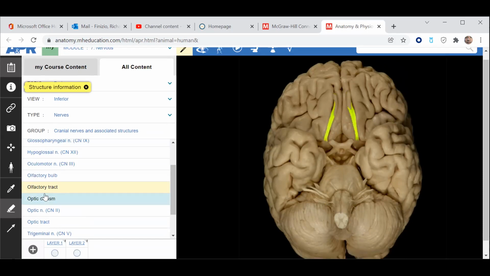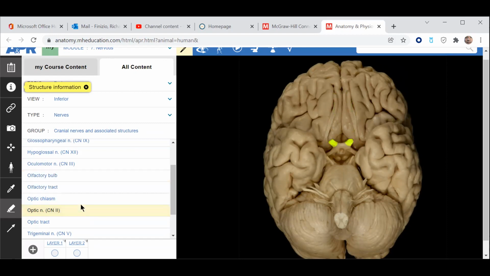And tract is behind them. It's really the nerve, really. So that's the same thing. So olfactory nerve, cranial nerve 1 could be the bulb or the tract. You could say either. You could, for both of these, you could say cranial nerve 1 or olfactory nerve. They're both acceptable. You don't have to say cranial nerve 1. You could say olfactory and you'd be correct.